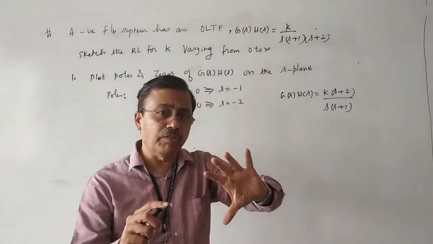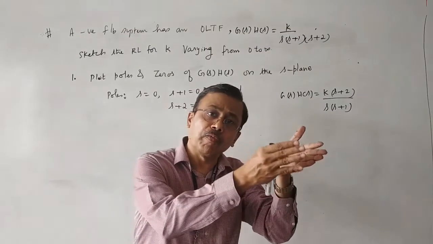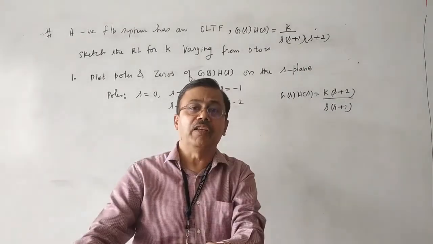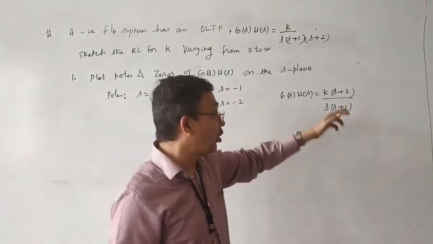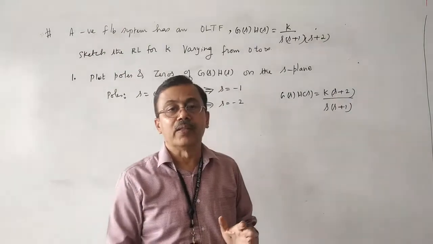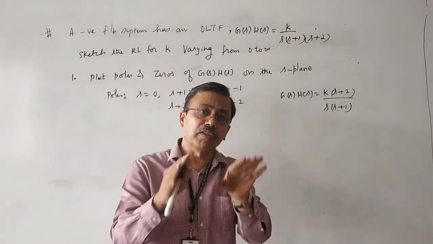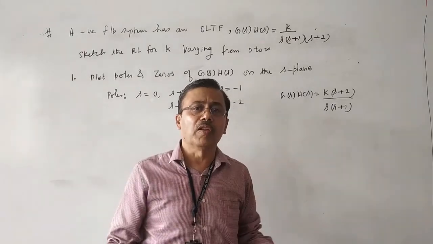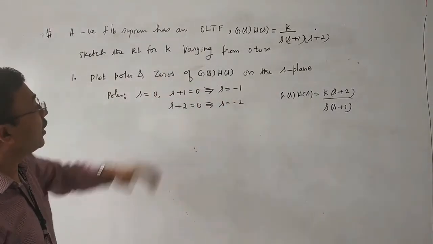Number of poles must be equal to number of zeros. Zeros will be split into finite zeros and infinite zeros. Finite zeros are obtained from the roots of the numerator polynomial. Infinite zeros plus finite zeros will be total number of zeros. In the earlier example, there are only infinite zeros.